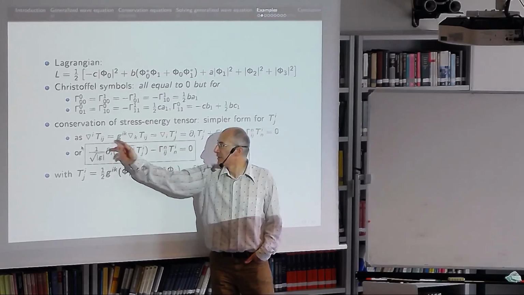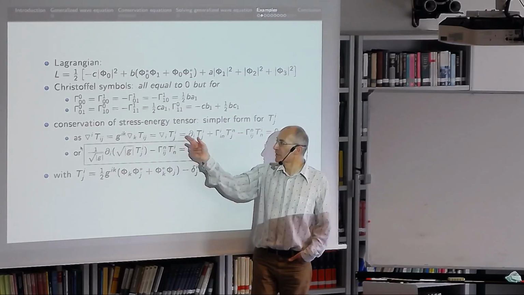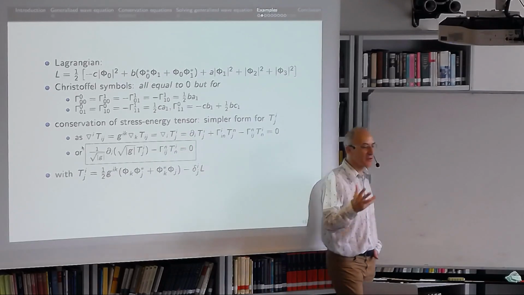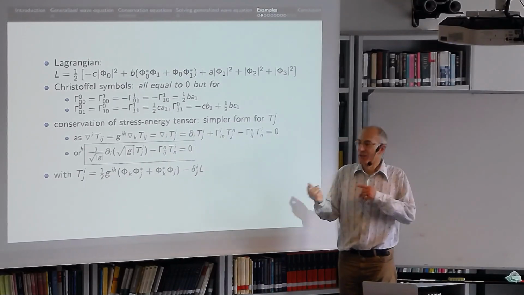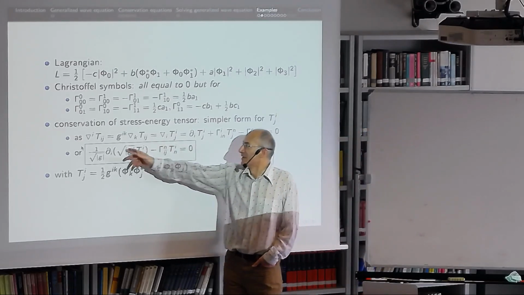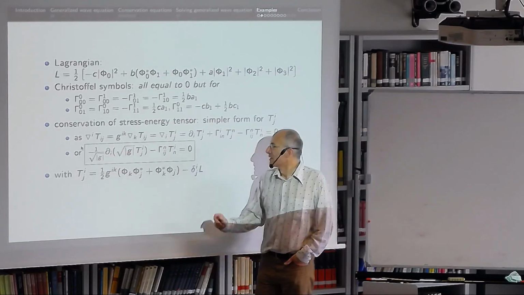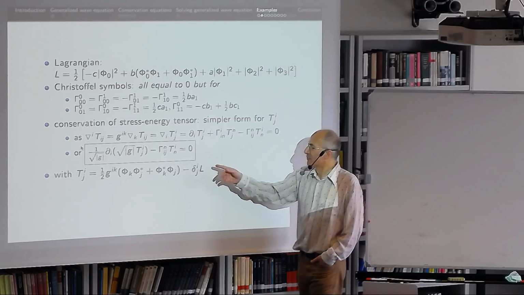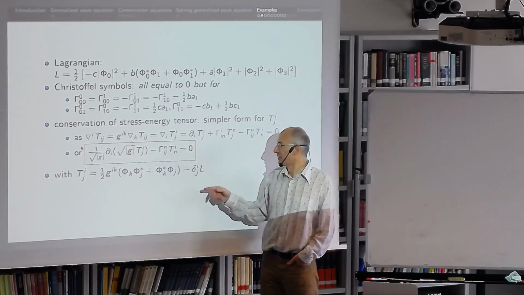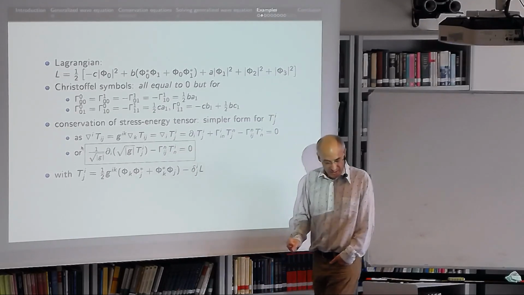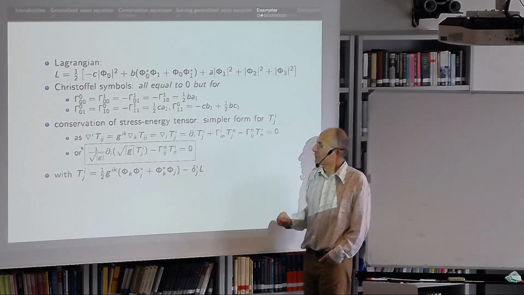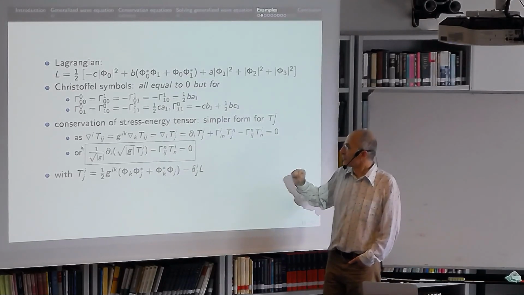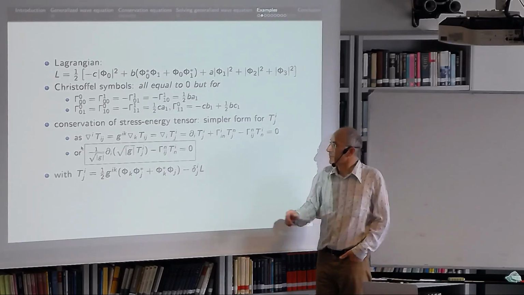So it's more interesting to transform it into the covariant derivative of some tensor. All in all, it is the same idea, but the terms here are no longer symmetrical. And for example, T00 is negative in this case. It's always negative, so it's not really an energy.